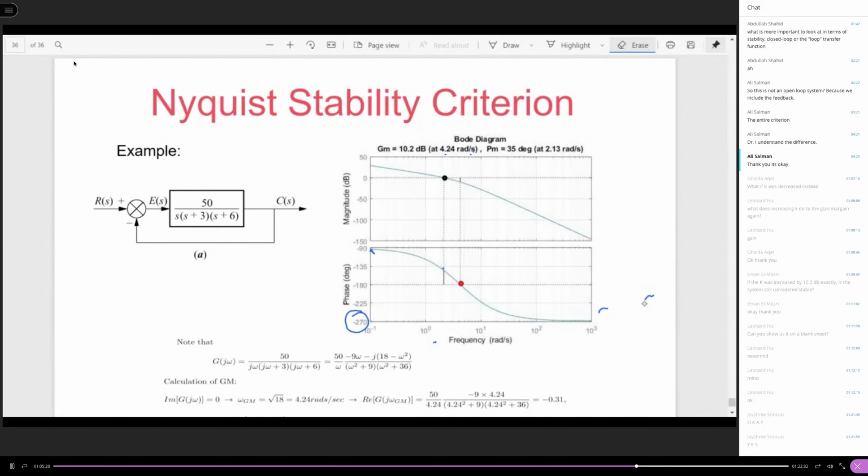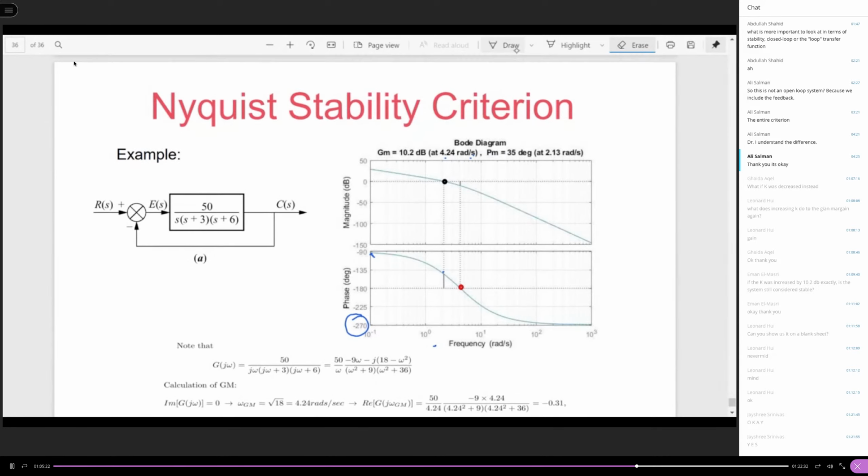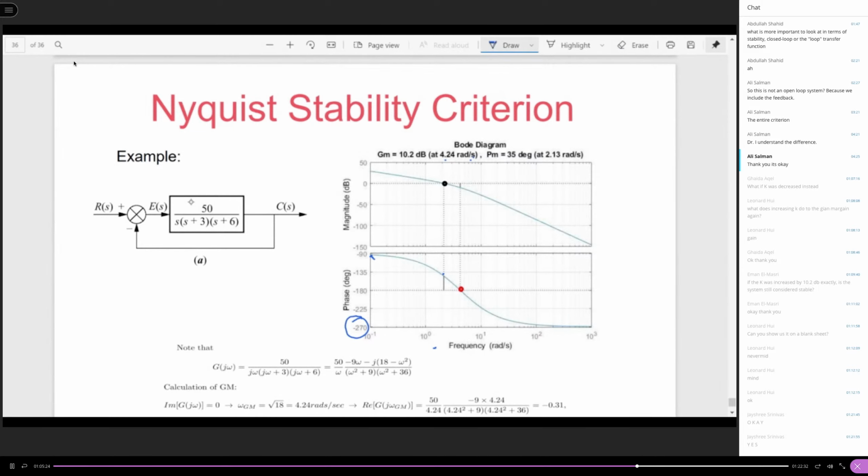Let's say you add a K here, and then increase the K from 1, so K is larger than 1, right? How is this K going to affect the Bode plot? Because you increase the K, this is just like you are raising the magnitude plot.